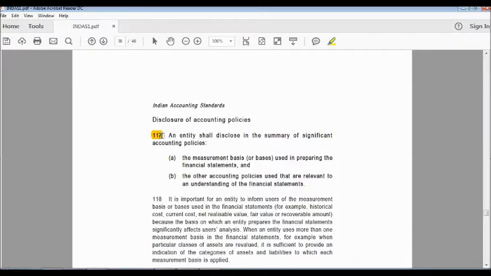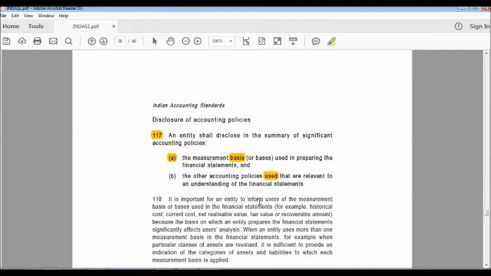Paragraph number 117 says that an entity shall disclose in the summary of significant accounting policies first the measurement basis used in preparing the financial statements, and the other accounting policies used that are relevant to understanding the financial statements.